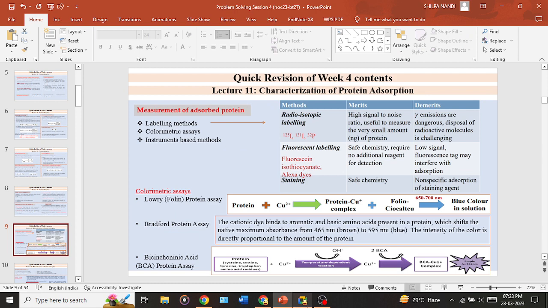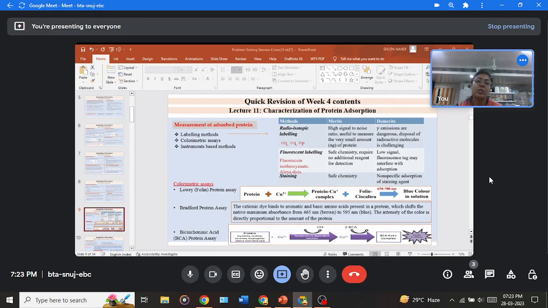Moving on, we go to lecture 11, that is characterization of protein adsorption. In this, we basically discussed various techniques to determine the adsorbed protein. So there are three methods, including labeling methods, colorimetric assays, and third is instrument based methods.